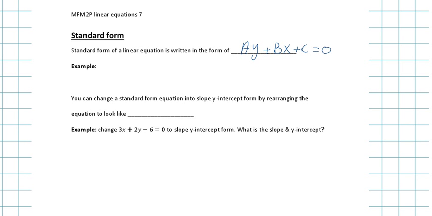It's so useless that I don't know why we learned it. An example would be, if you have something that looks like this, 4x plus 5y plus 1 equals 0.